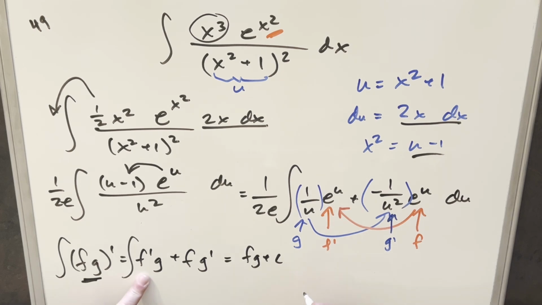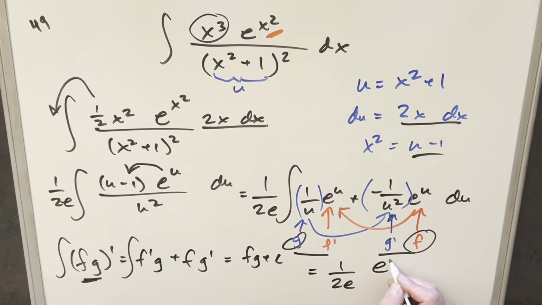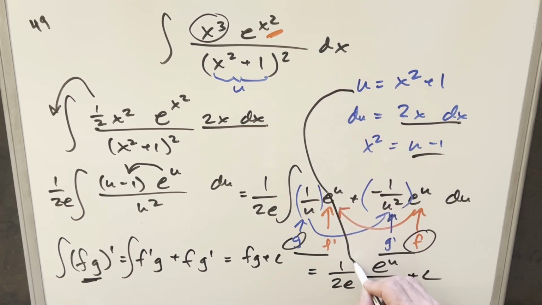So we have our f prime g and our f g prime, and our solution in u is just going to be f times g. We're going to have to back substitute. We'll have 1 over 2e times e to the u times 1 over u, so e to the u over u, plus c, of course, but we need to back substitute on the next board.